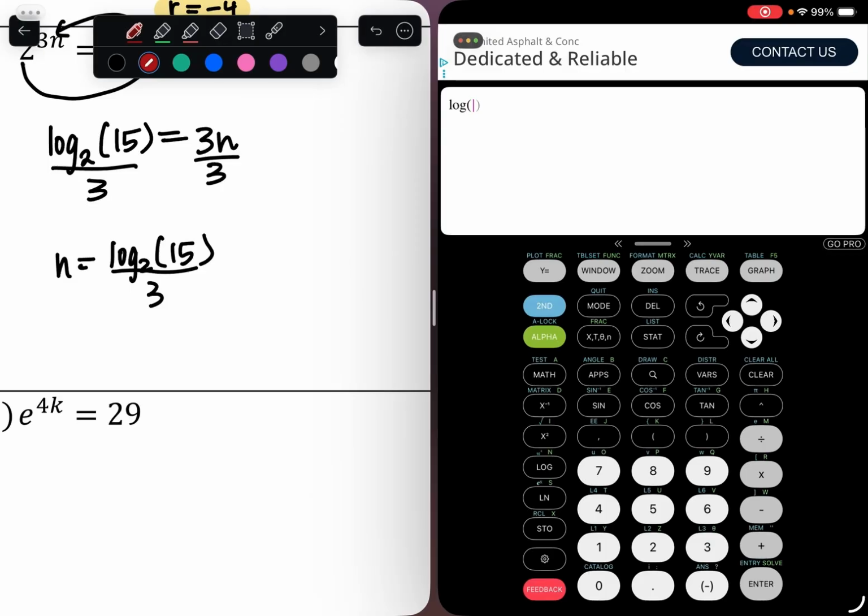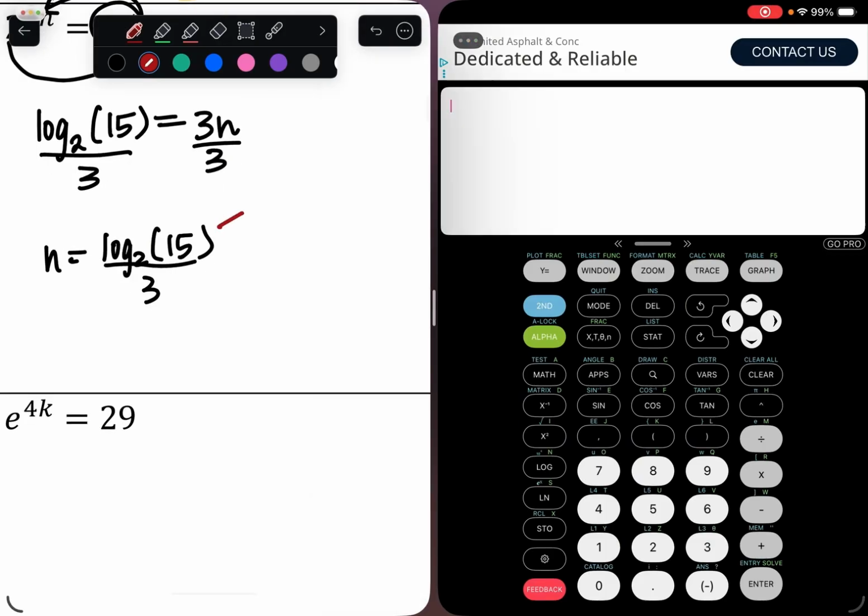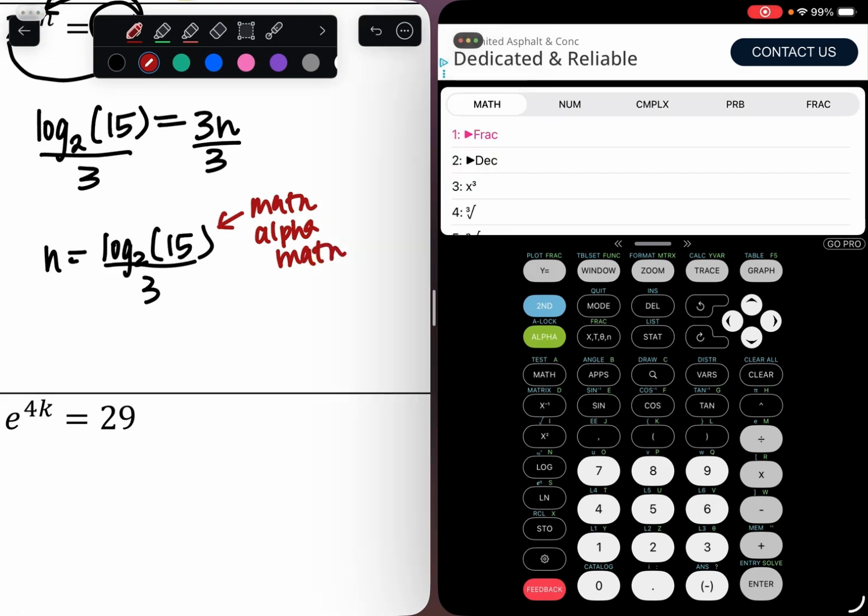That's log base 10. If you want a different base, you're going to have to use the keys math, alpha, math. So if you press alpha and then math, it'll get you a log that you can type in any base.